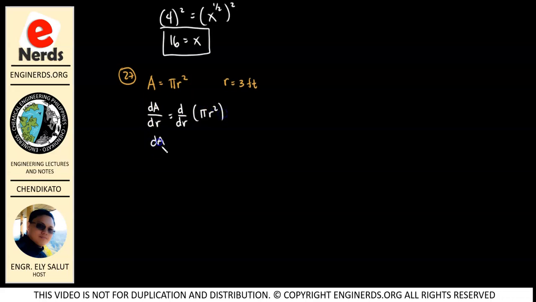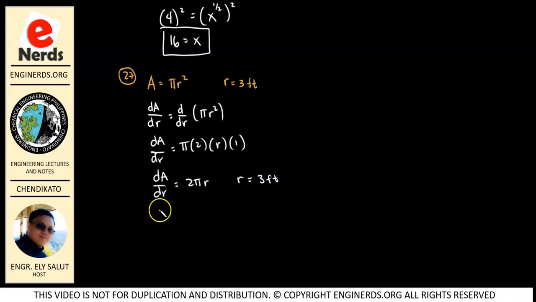Okay, so dA over dr is equal to pi, then the derivative of r squared, which is 2, times r, derivative of r is 1. So dA over dr is equal to 2 pi r. Now our r is equal to 3 feet.